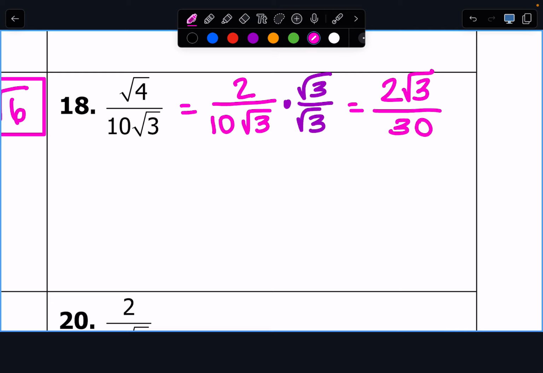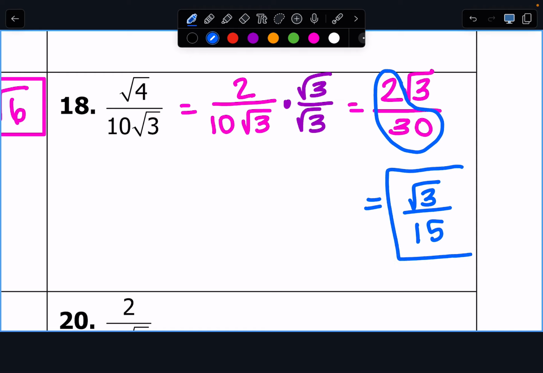Vivi asked a question. Can this be simplified? Yes. We can simplify this 2 over 30. 2 over 30 is 1 over 15. I'm cool if you write the 1. It's not necessary to write the 1.